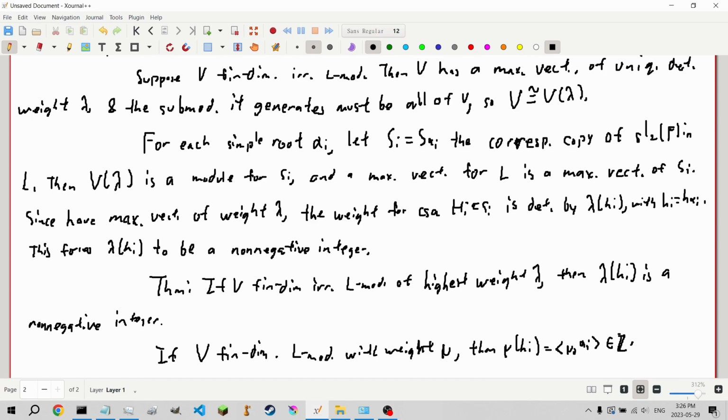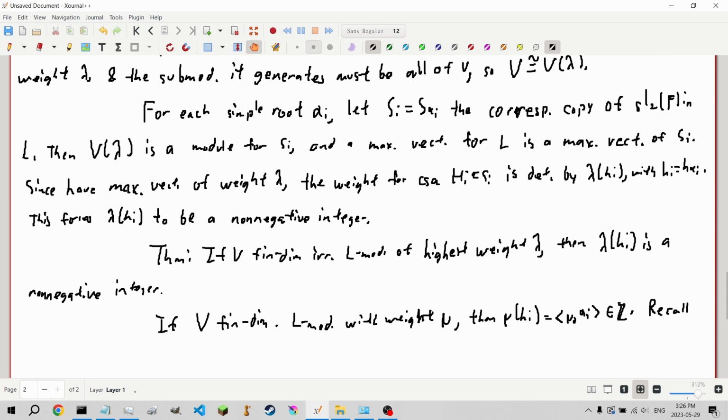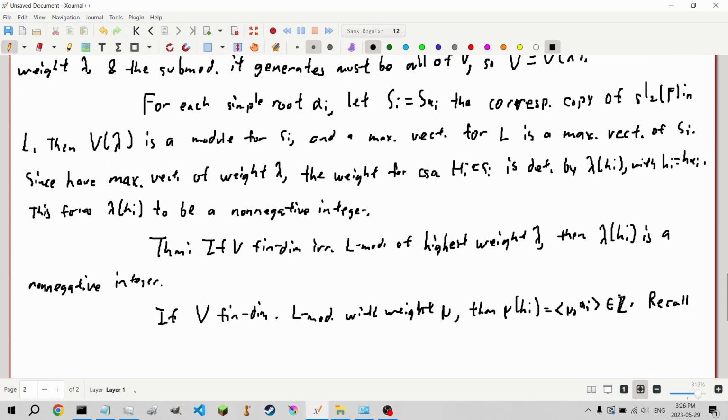So everything we talked about weights before now carries over. Recall that the highest weight lambda of V lambda is called dominant.